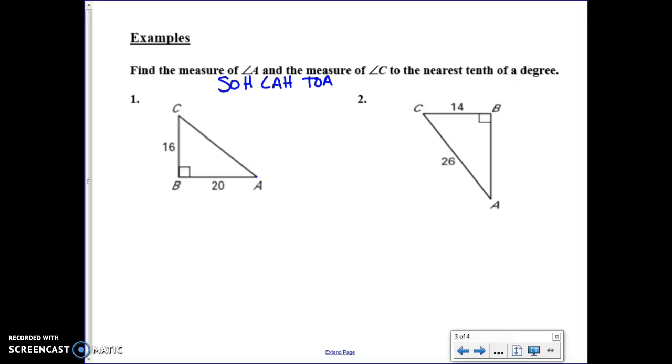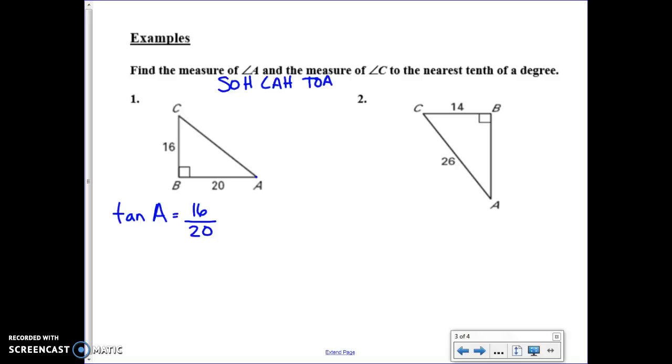If I start at A, I have opposite is 16 and adjacent is 20. Opposite and adjacent are tangent. So I have the tangent of my angle measure, and in this case, that's A. We don't know it. It is equal to opposite over adjacent. Now, this isn't something where I could put it over 1, cross multiply, and find the answer, because we need to get to this unknown A value.